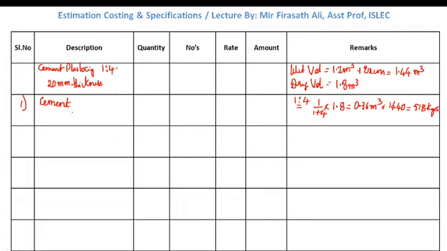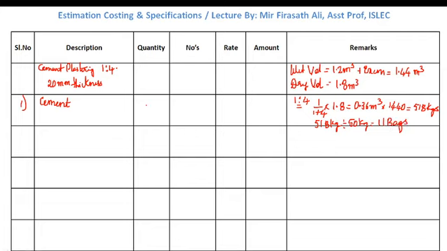When 518 kg is divided by 50 kg, we get it around 11 bags of cement.